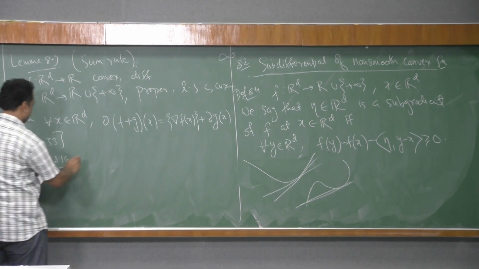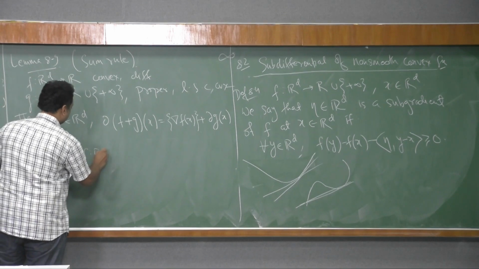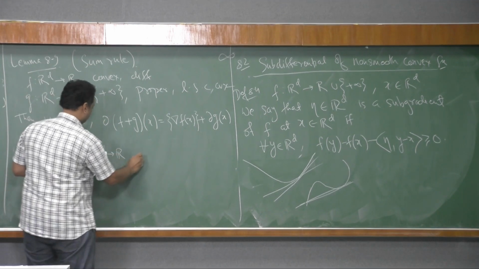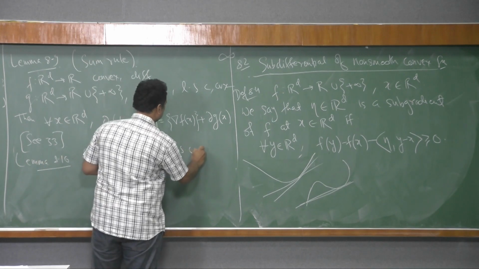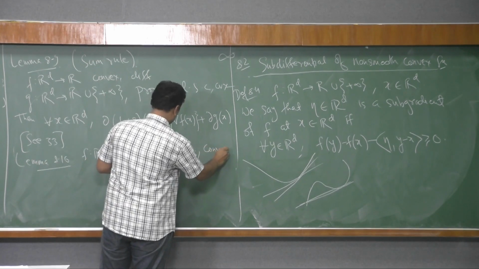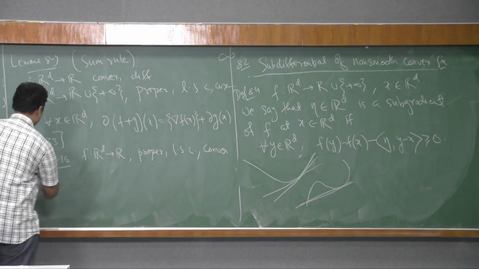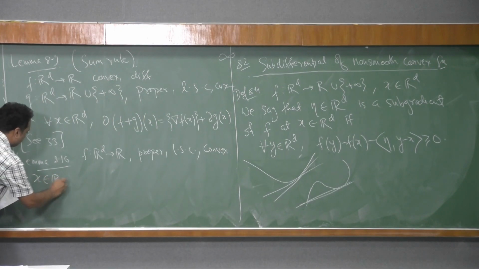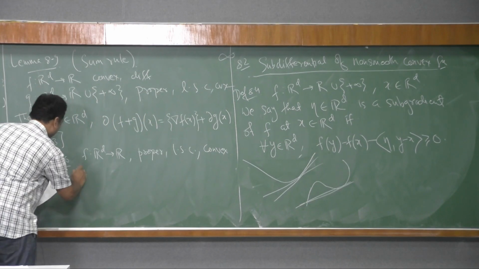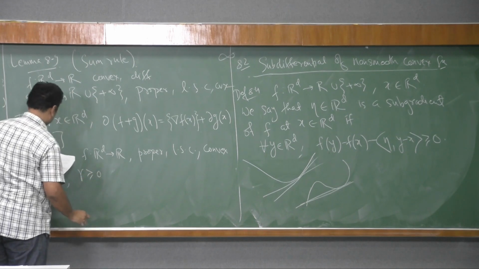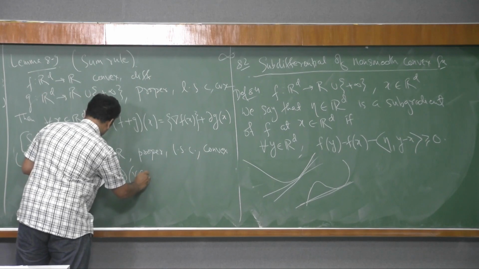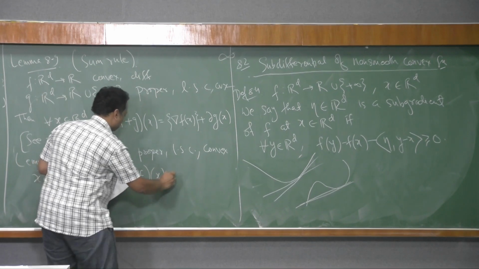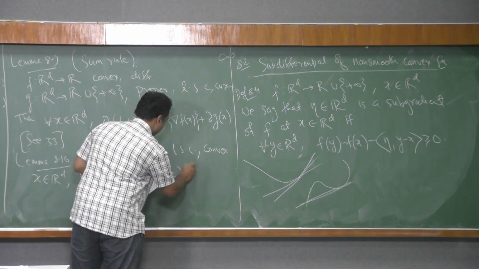It says that f from R^d to R is proper, LSC, convex, x in R^d, and gamma greater than or equal to 0. Then del of gamma f at x, so basically gamma can be taken out.